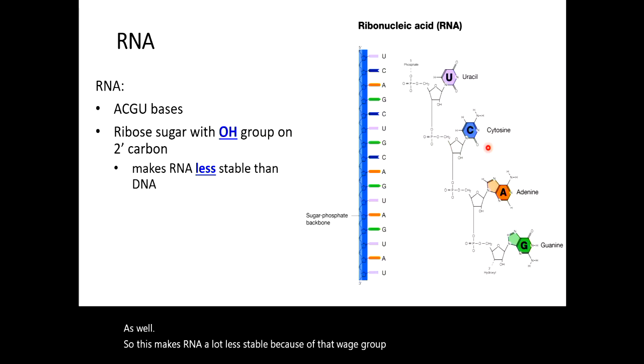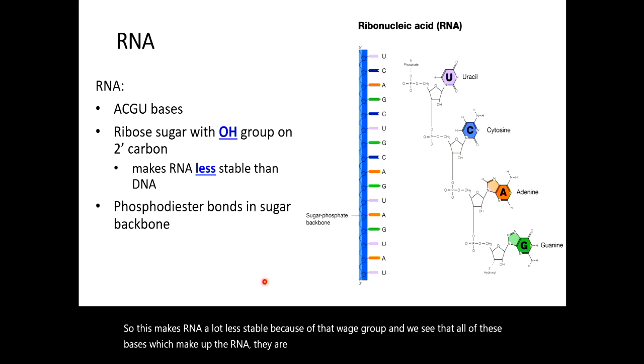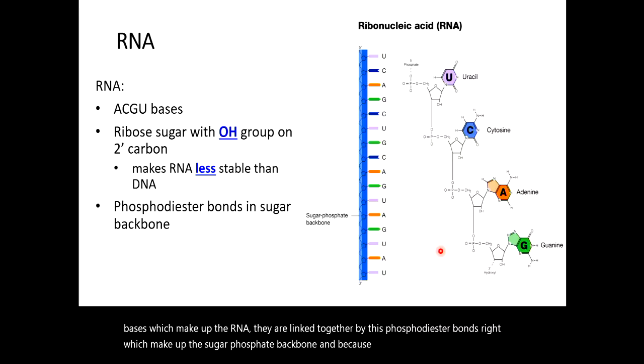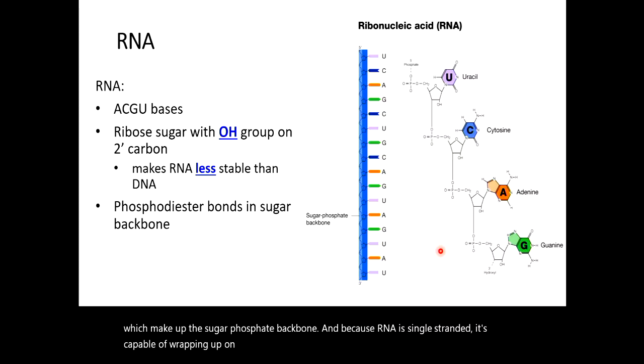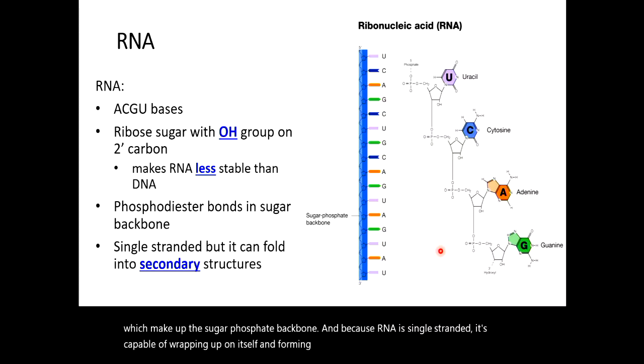And we see that all of these bases which make up the RNA are linked together by phosphodiester bonds, which make up the sugar phosphate backbone. And because RNA is single-stranded, it's capable of wrapping up on itself and forming some complex secondary structures, right?